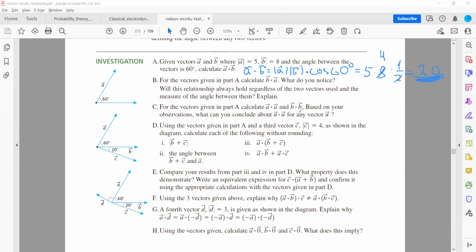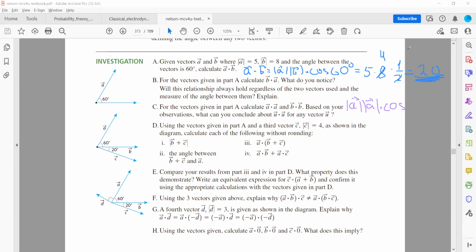So vector A times A is going to be equal to modulo A times modulo A times cosine of... wait, of what angle? What is the angle between these two vectors?